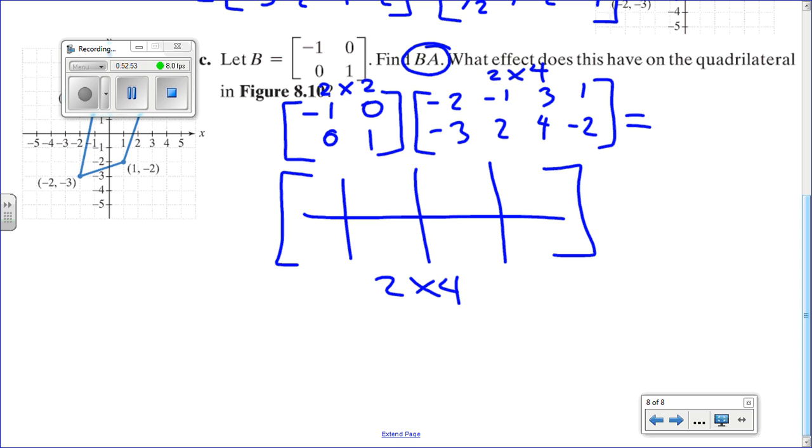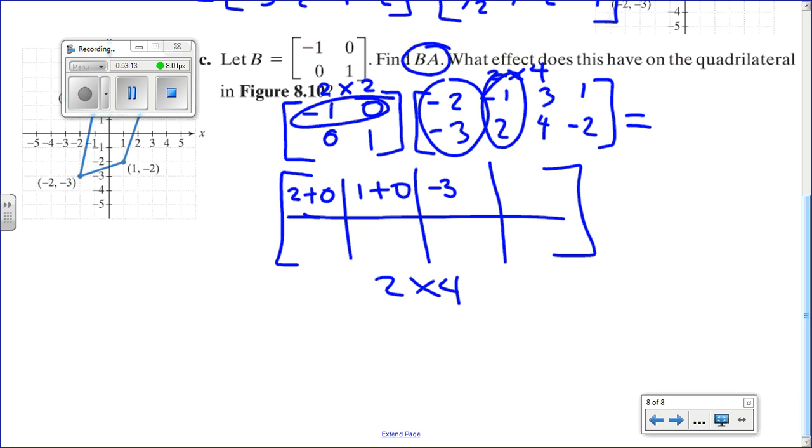Okay. So first row, first column, -1 times -2 is +2, 0 times -3 is 0. And then second column, -1 times -1 is +1, 0 times 2 is 0. And then -1 times 3 plus 0. -1 times 1, -1 plus 0.